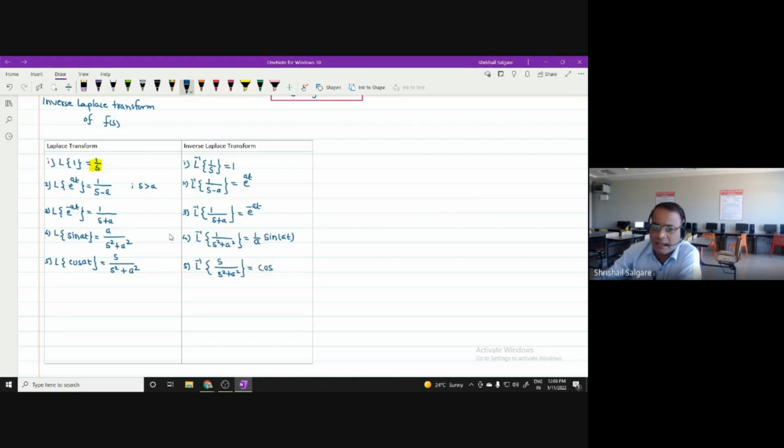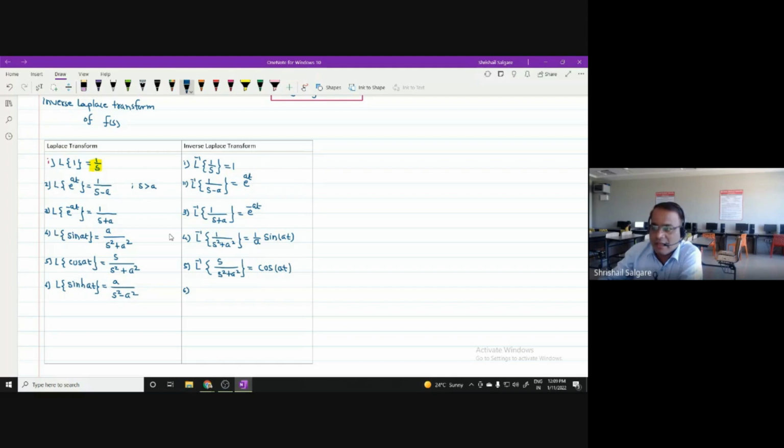So here that s we can't take outside, and minus comes for the hyperbolic. So Laplace transform of hyperbolic sine, those who are in direct second year understood, we write this as hyperbolic sine and read it as sinh. It is better to read it as hyperbolic sine at. And hyperbolic sine at is given by a upon s square minus a square.